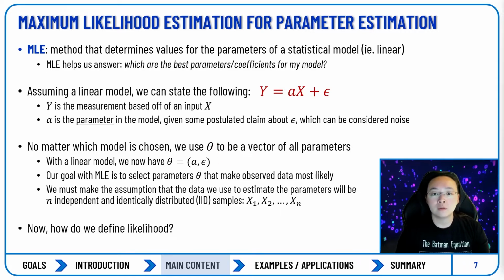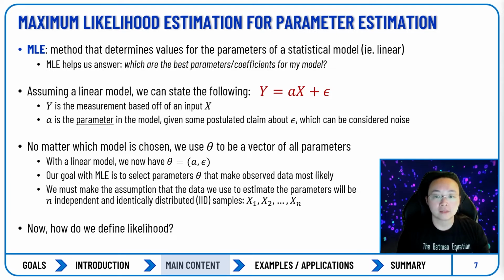So our goal with MLE is to select the parameters theta that make our observed data most likely. That means we have to make an assumption that the data we use to estimate the parameters are going to be independent as well as identically distributed, or else our modeling will become very messy.